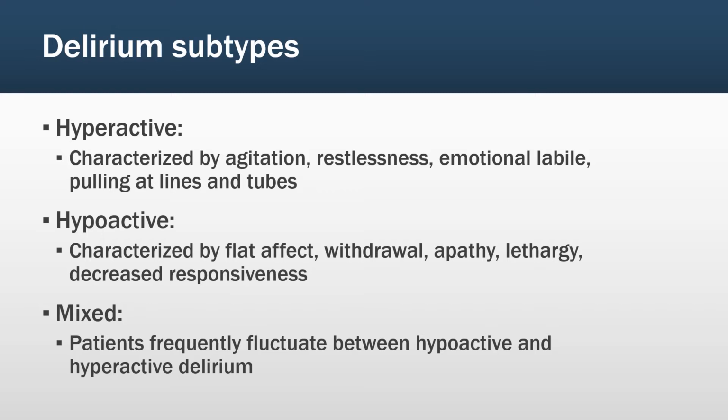Hypoactive delirium, which is believed to be much more prevalent, is challenging to identify, especially in mechanically ventilated patients, because of the lack of outward symptoms. These patients often have a flat affect, are withdrawn, lethargic, and apathetic with decreased responsiveness. This can mask the other features of delirium, such as hallucinations and disorganized thinking. The final subtype is characterized by fluctuating between hypoactive and hyperactive delirium.